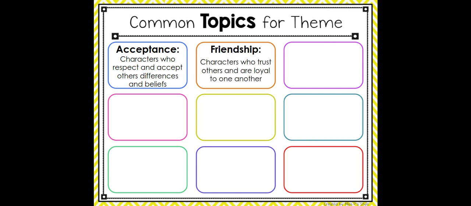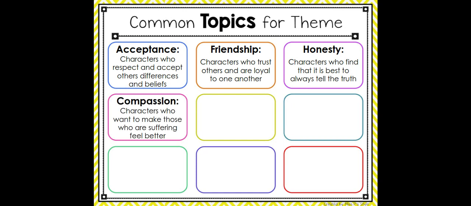Friendship. Characters who trust others and are loyal to one another. Honesty. Characters who find that it is best to always tell the truth. Compassion. Characters who want to make those who are suffering feel better.